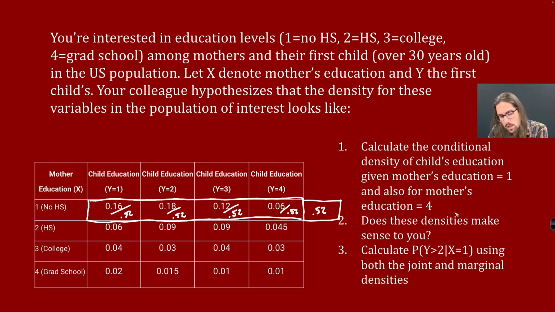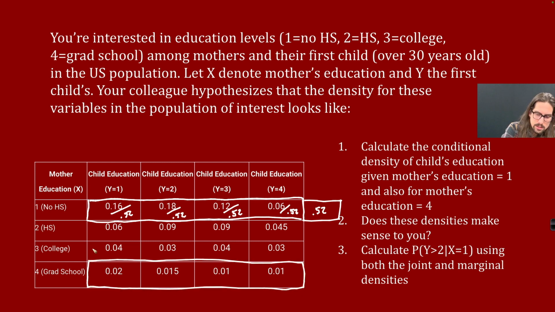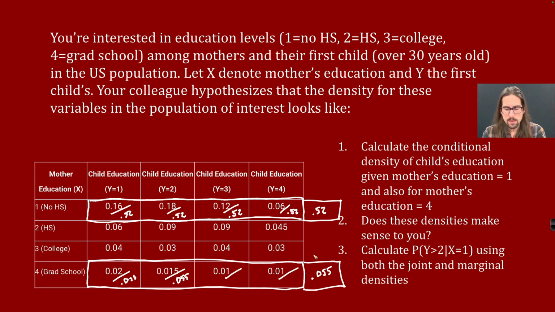Now we're doing the same for mother's education, so same thing down here. I need to scale these by their sum. The sum of them is 0.055. So if I divide those all by 0.055, and so on. And that's it.